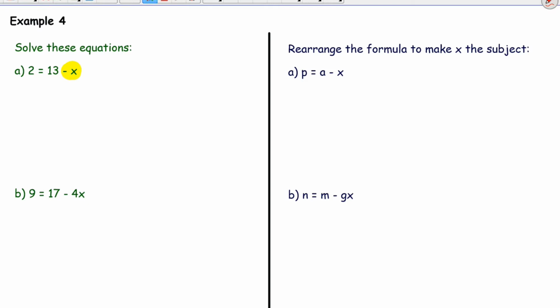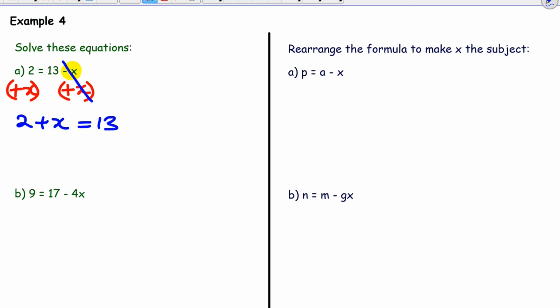What I mean by that is we can start by adding x on each side, and negative x plus x will be equal to 0, just like negative 2 plus 2 is 0. So that is gone. What we shall be left with is something that is familiar to us, that we can handle, which is 2 plus x is equal to 13. So we don't have a negative x anymore.